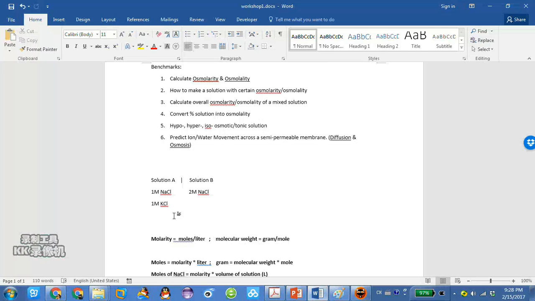This part is very different from the definition of molarity. When you have a mixture of 1 molar of NaCl and 1 molar of KCl in solution A, you can't simply add them up to have a 2 molar mixture solution. If you say that you have a 2 molar NaCl and KCl solution mixture, that doesn't make sense, right?